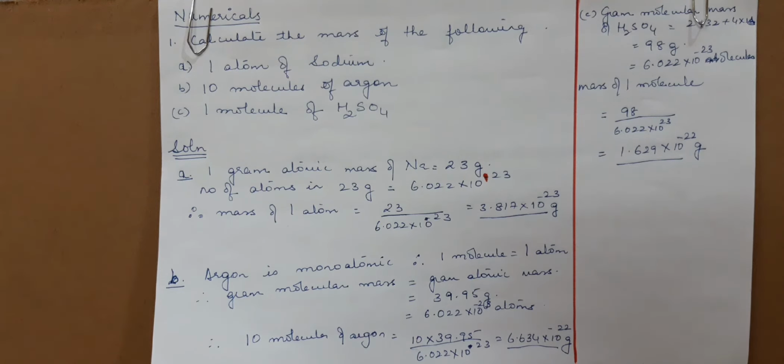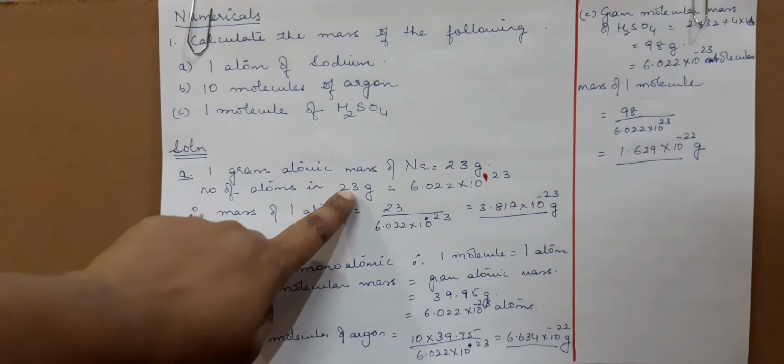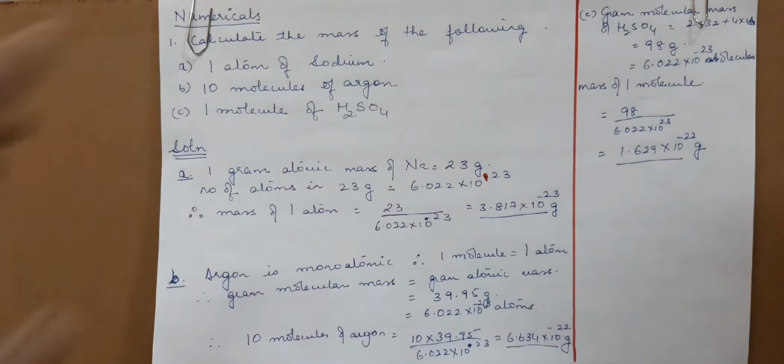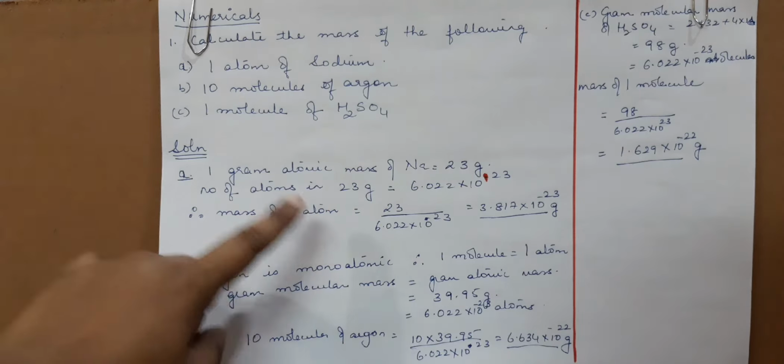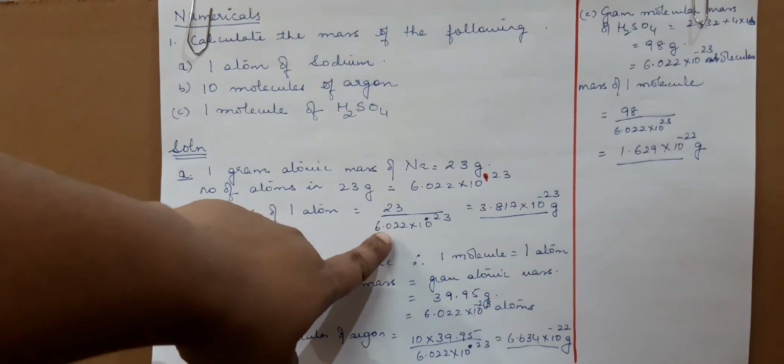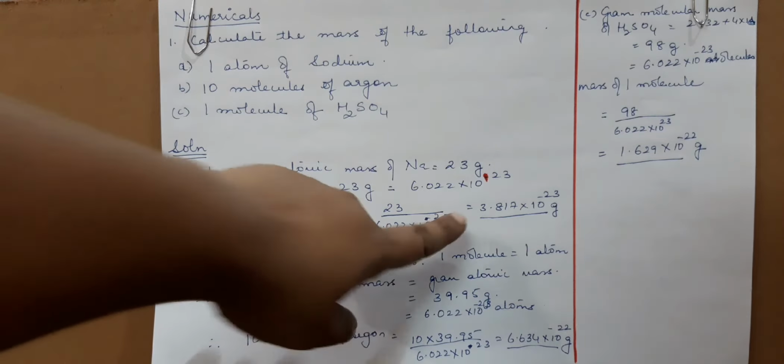Now what would be the mass of one atom? 23 grams contains 6.022 into 10 to the power 23 atoms. So one atom would contain how much? 23 divided by 6.022 into 10 to the power 23.